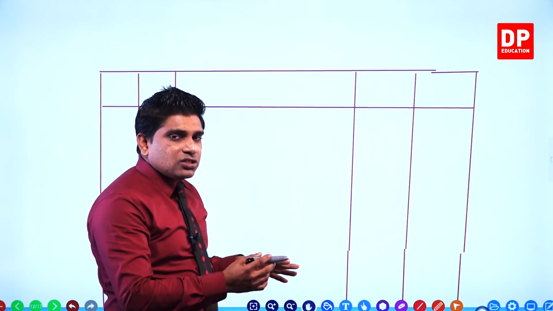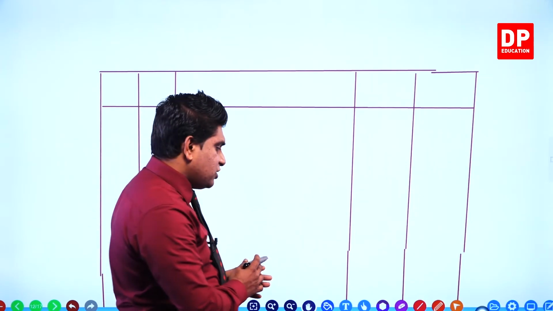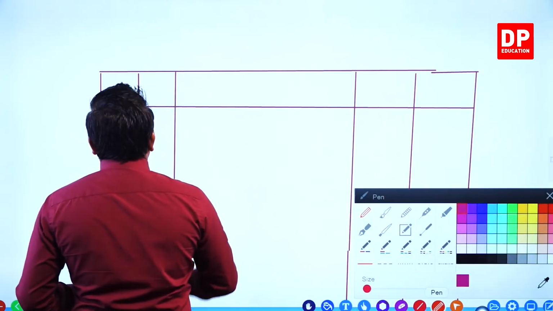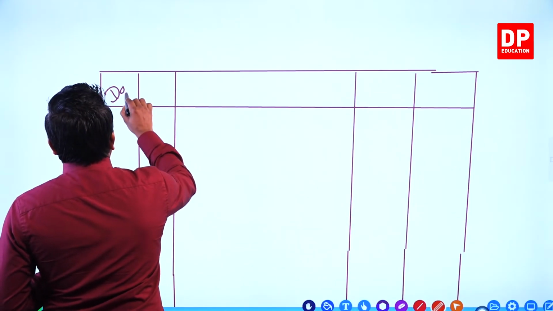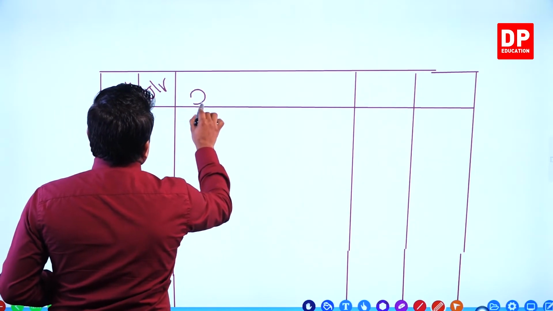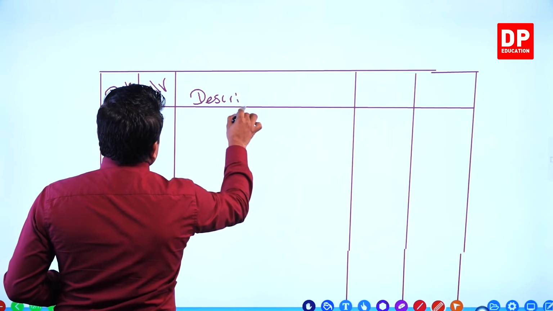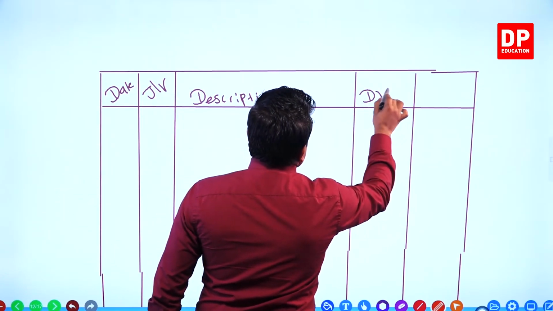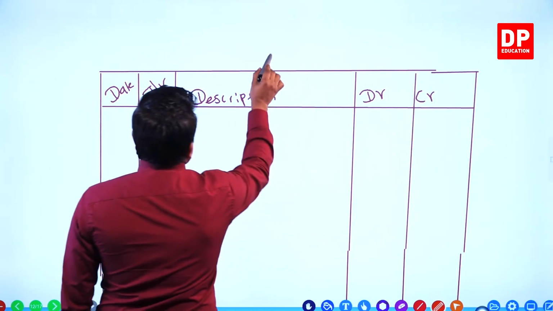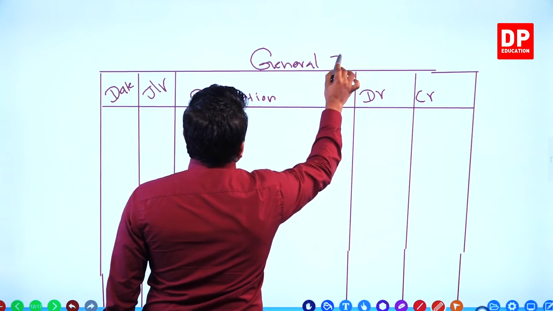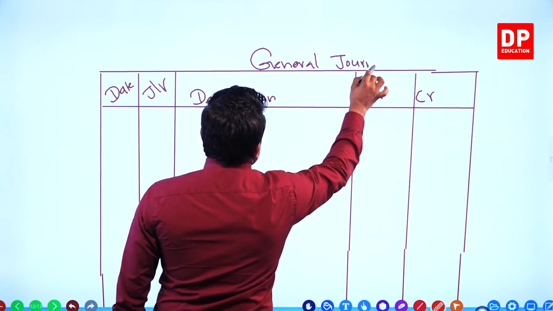I name the headings only in the general journal part, right? Date, journal voucher, description, debit and credit. This is the general journal, right?